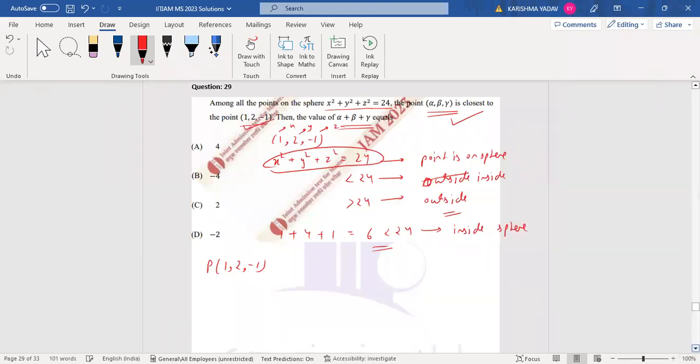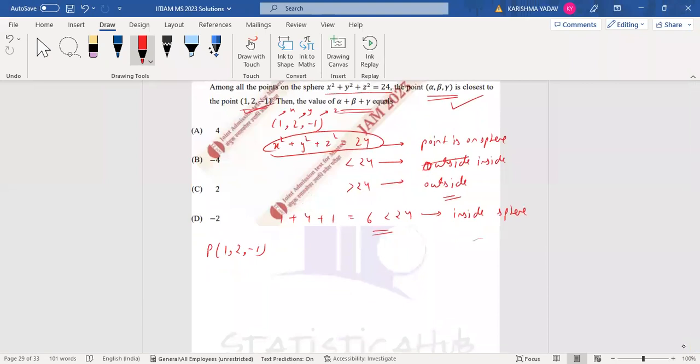If I draw a very rough diagram, consider that this is my sphere and this is the center of the sphere, and this point is lying somewhere here. This is my point P, and I have to find the point closest to it. Let's say this is my point alpha beta gamma.